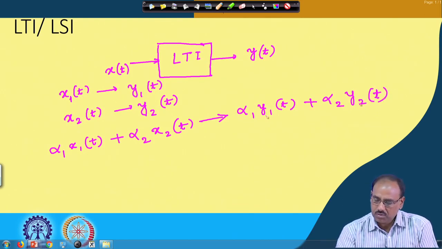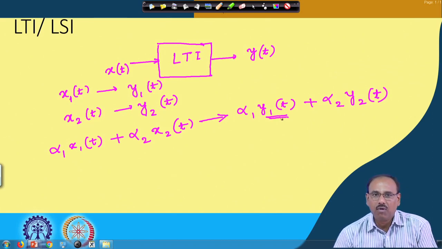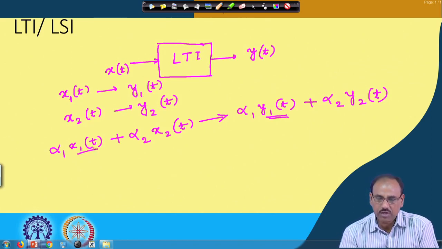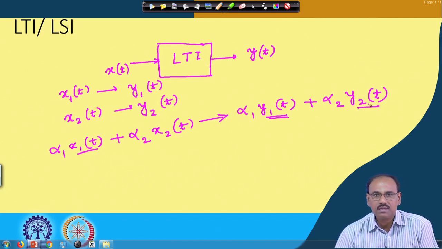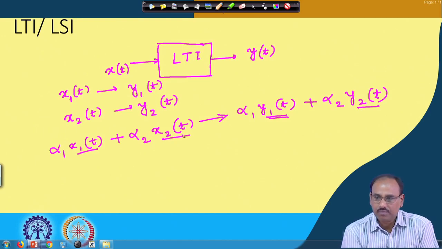So, what is y1(t)? y1(t) is the response of the system when the input is x1(t). Similarly, y2(t) is the response of the system when the input is x2(t).